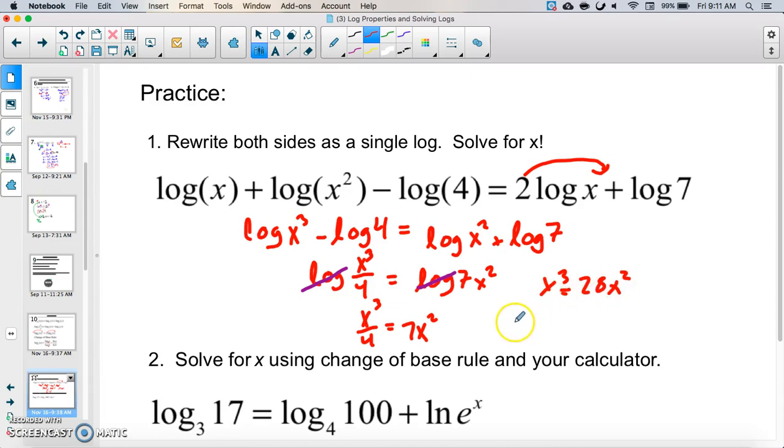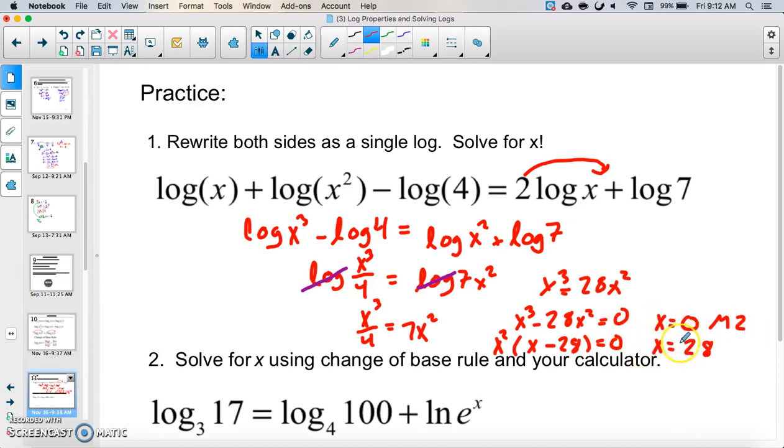And then subtract this over to put all the x's on one side. Here we can factor out the x squared. And finally, we would set both parts equal to 0, so you would end up with x equals 0 with a multiplicity of 2 in case you care, and x equals 28.